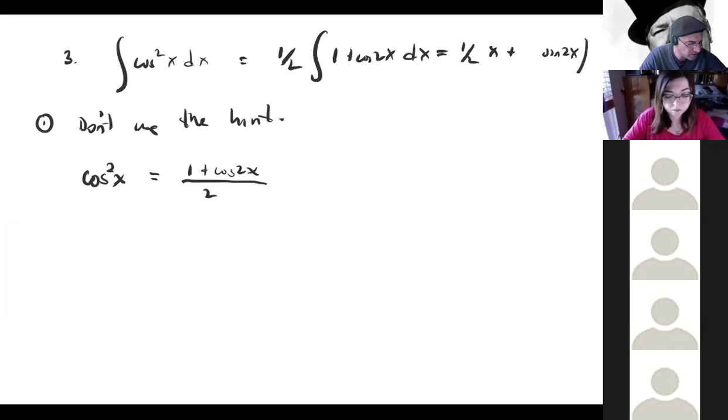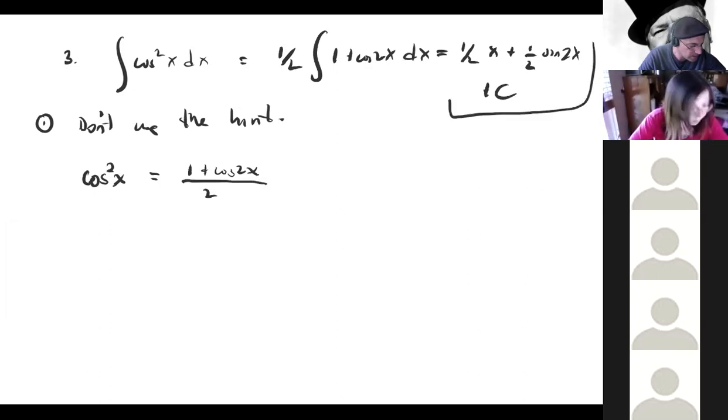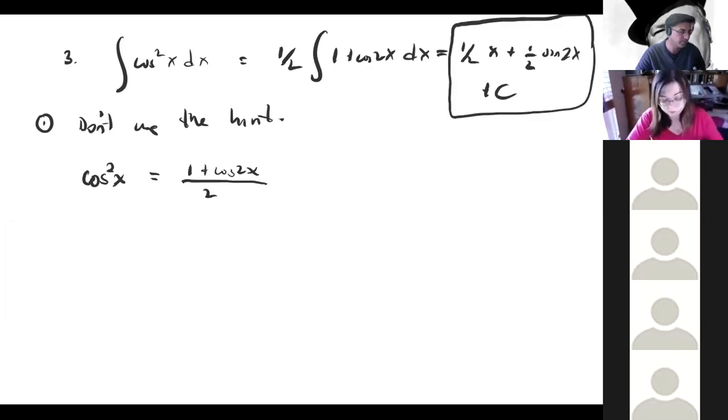So we have to put in a fudge factor, and the correct fudge factor to put in is 1/2. If you take the derivative of 1/2 sine 2x, you'll get cosine of 2x. And then I guess I don't need this parentheses anymore. And then we have to add a c. So that's the solution to that problem.